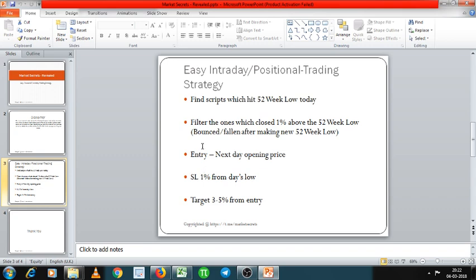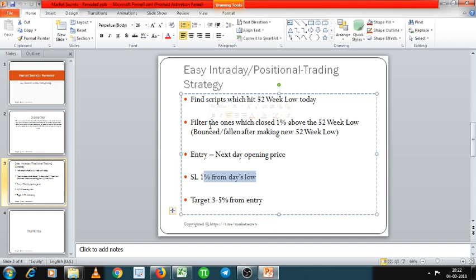Your stop loss should be 1% from the entry, and your target should be 1% from your entry as well. So it will be 1:1. But since the success ratio of this strategy is very high, you can still make a lot of money with a 1:1 risk reward. So this is the basic of this particular strategy.